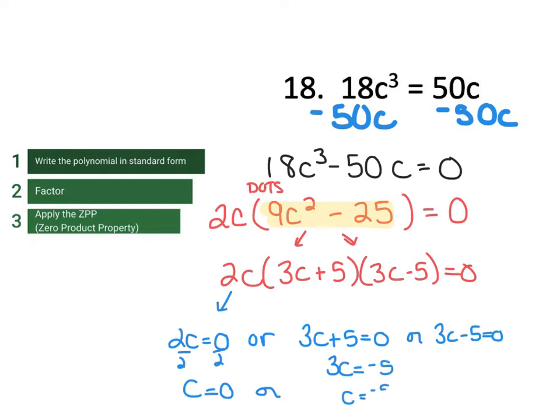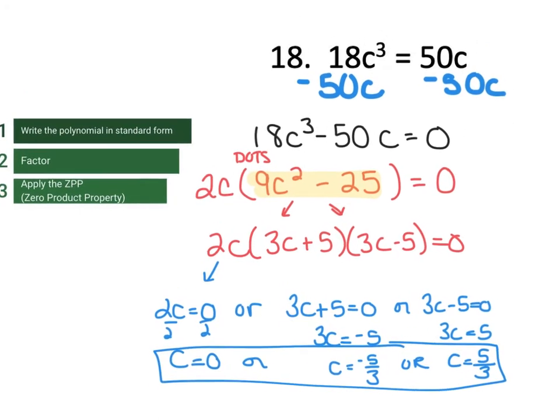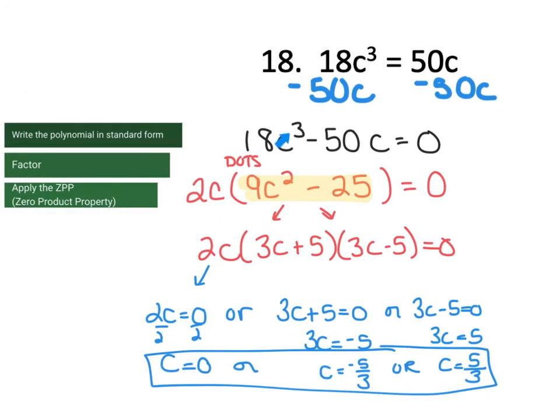Divide by 3, and I get c equals negative 5/3. Similarly, in the next one, I add 5. Divide by 3, and c equals positive 5/3. So my three solutions are here. Hopefully you start noticing things like, well, when it's to the third power, cubic, we get 3 solutions.